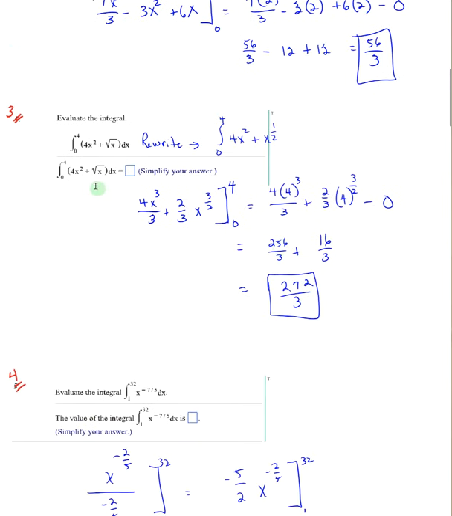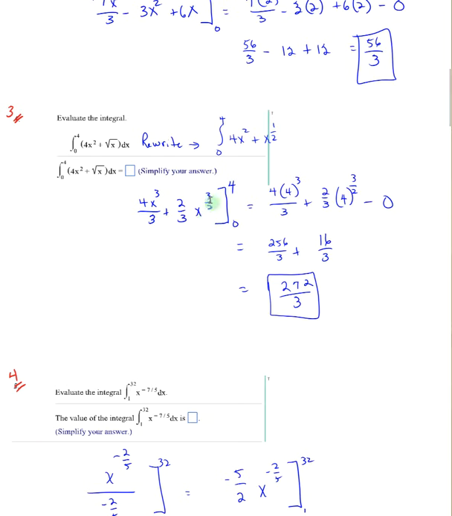Number 3, integral from 0 to 4 of 4x squared plus the square root of x dx. You want to rewrite this one as x to the 1/2. Don't leave it in radical form, x to the 1/2. Now when we take the integral of that, we've got 4x cubed over 3 plus, and then when we do this one, we're going to add 1 to the 1/2.